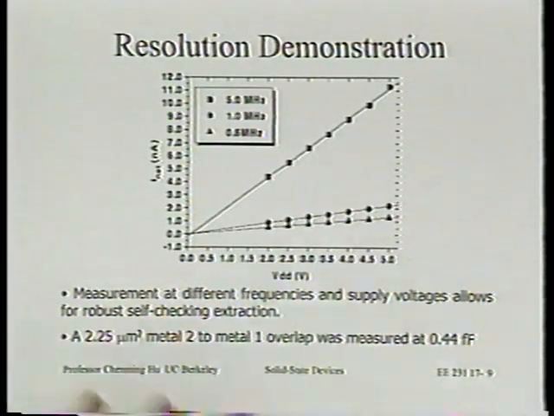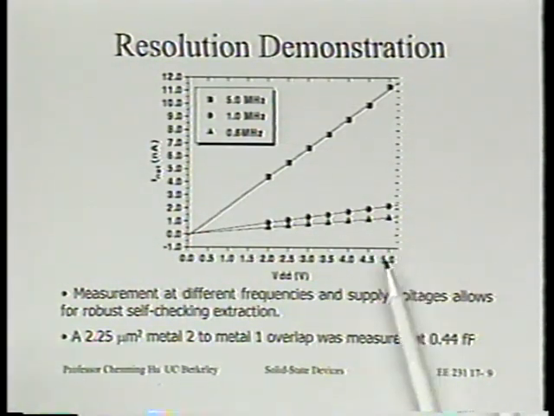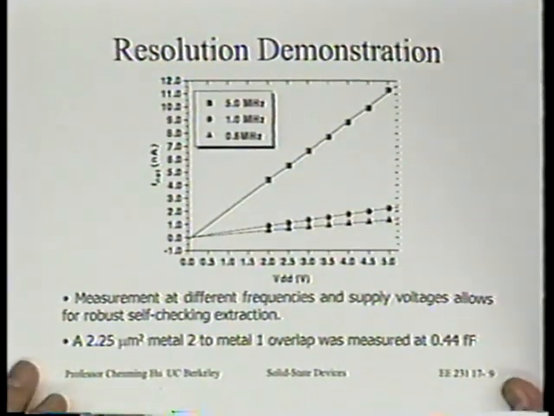All right. So here are some raw data of the measurement. You will see that net current is proportional to VDD, as expected, and proportional to frequency. So there are a lot of easy ways for you to check the sanity of this technique.